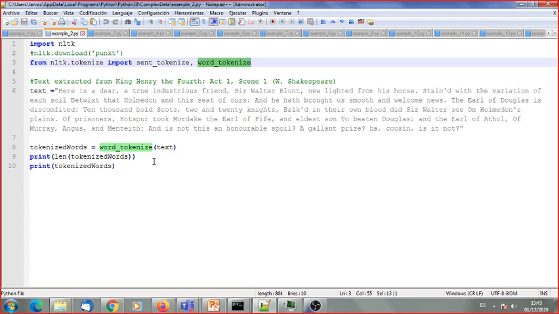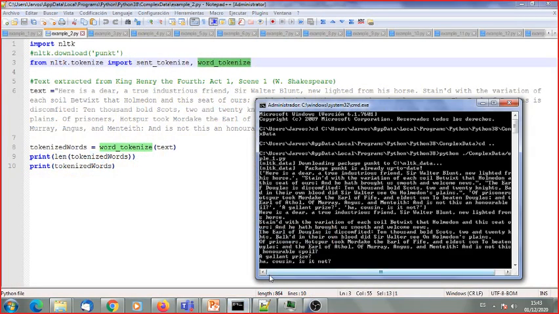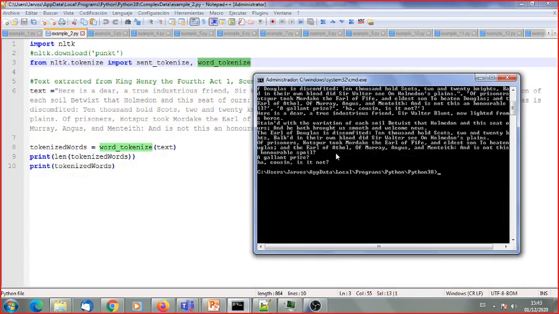The output is the same, we have the same tokens, but the output structure differs. First run this program, please, and I'll show you the difference between first segmenting the sentences and then applying the word tokenizer. Okay.